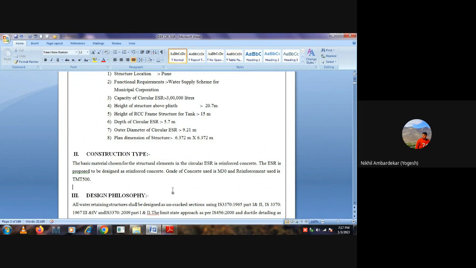Okay, so construction type, obviously RCC design. Grade of the concrete is M30. We are using Fe 500 steel.